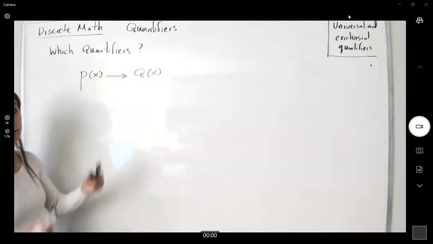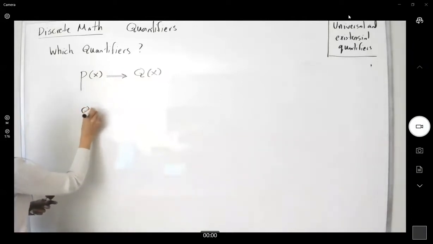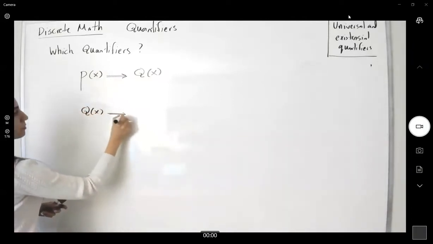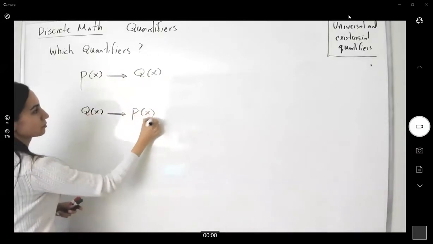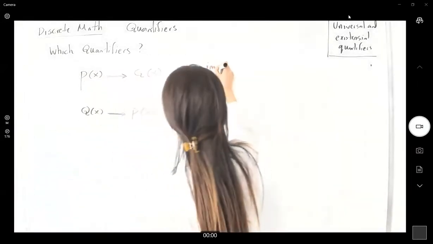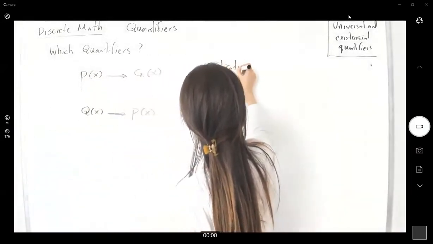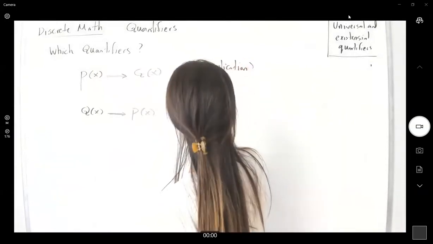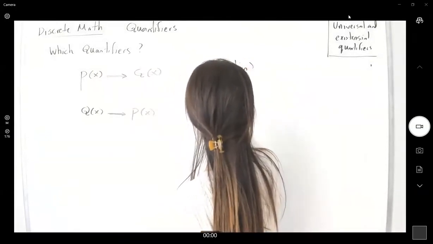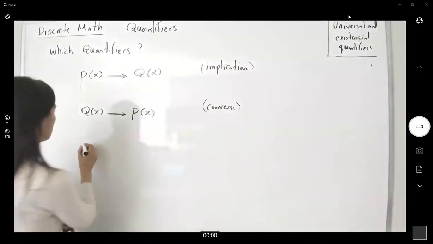What if you have, for example, the converse? So this is just implication. This is the converse. This guy is the inverse.